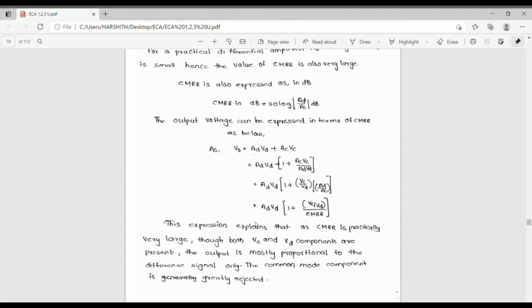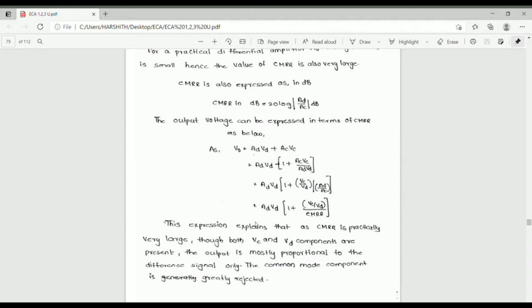Explain the types of coupling methods used in multi-stage amplifiers: direct coupling, transformer coupled and RC coupled. Next question, derive the expressions for RI, R0, AV and AI using h parameter models of CE, CC, CB amplifiers. Next, differentiate between direct and capacitive coupling of multi-stage amplifiers.